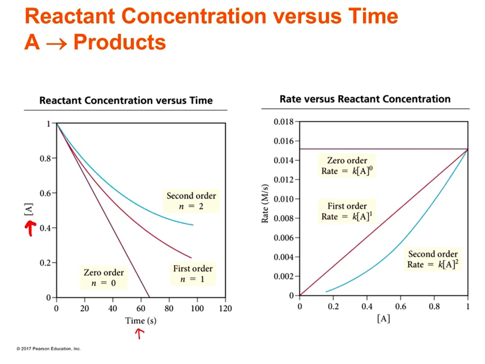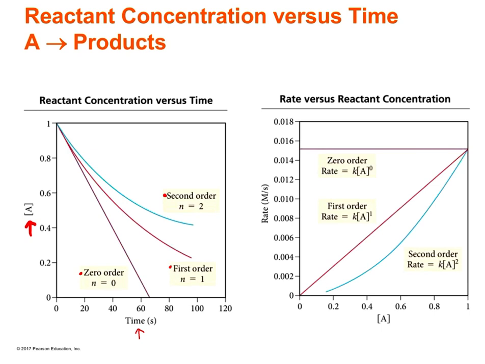For a zero-order reaction, the concentration of A is decreasing linearly over time. For a first-order reaction, we get more of a decay plot, so we're getting a bit of a curve. For a second-order reaction, that curve is even greater because we're losing more reactant over time.